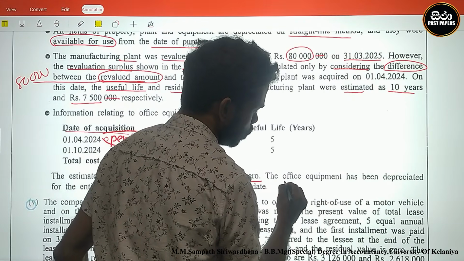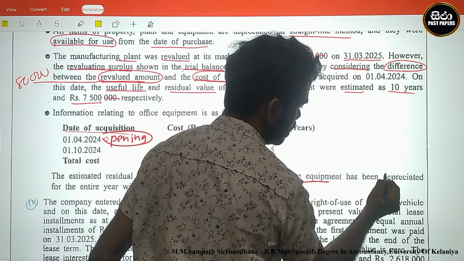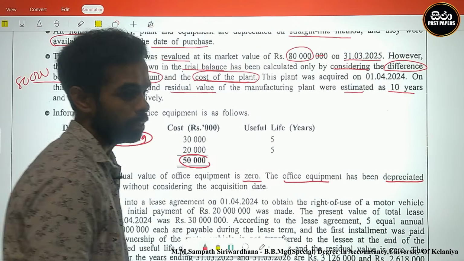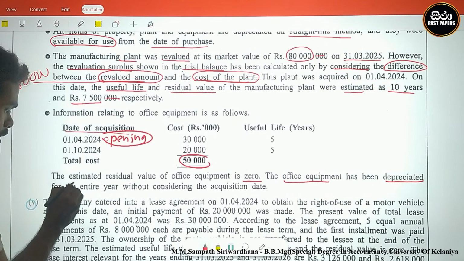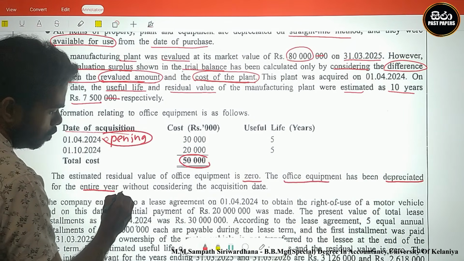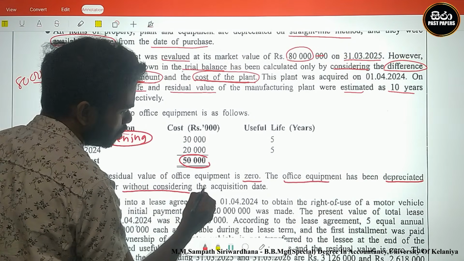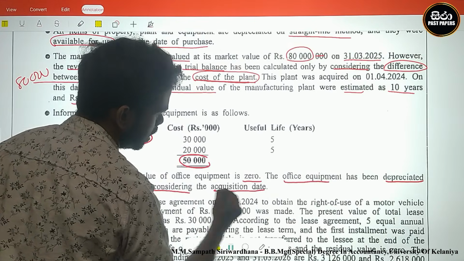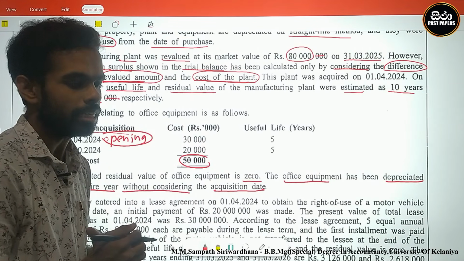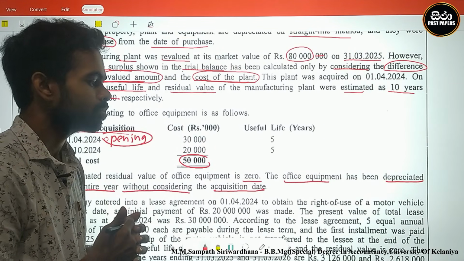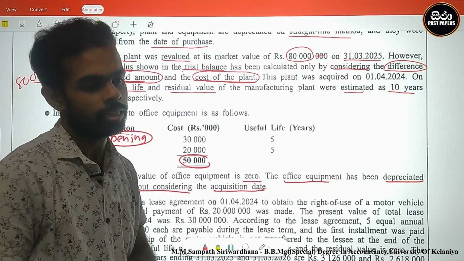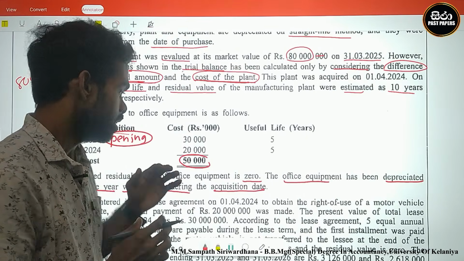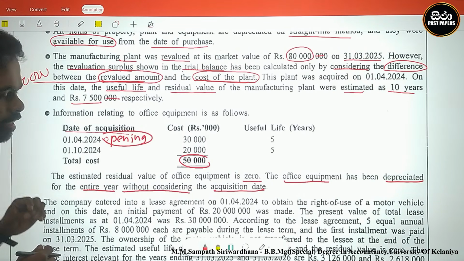Next one. The office equipment has been depreciated for the entire year without considering the acquisition date. You know, there are several acquisition dates.